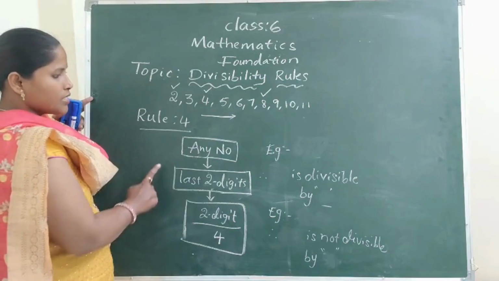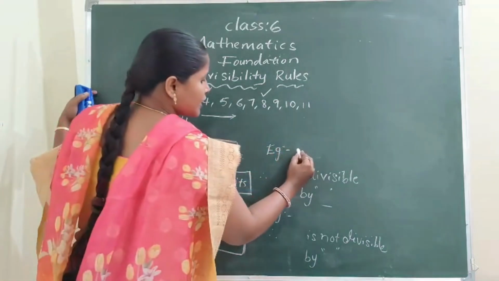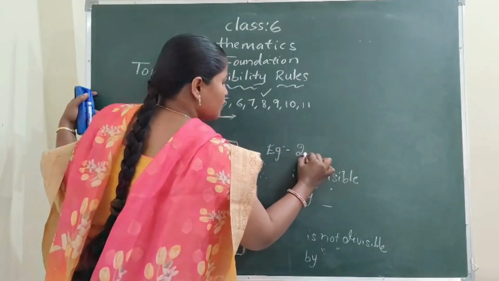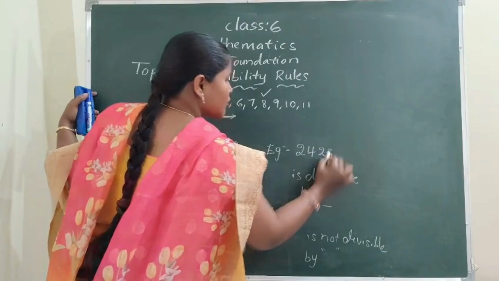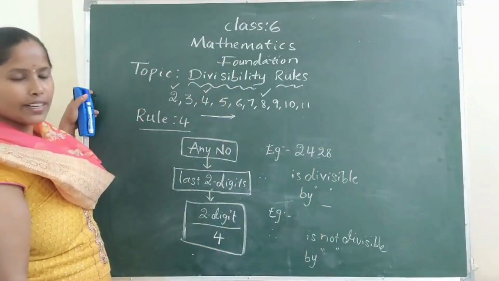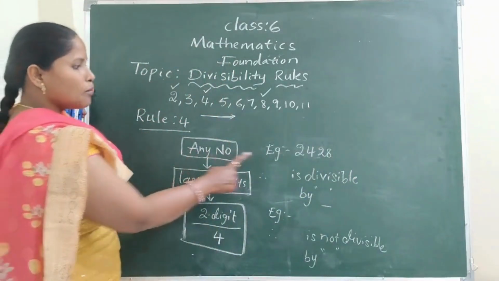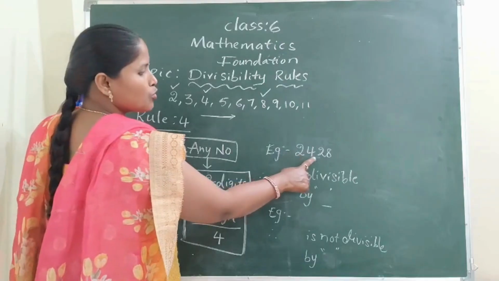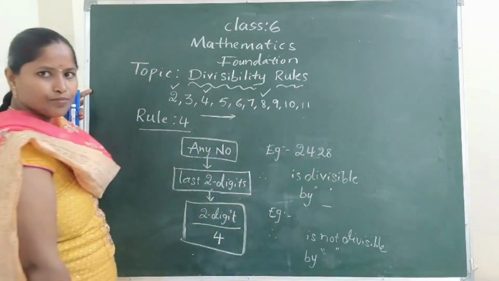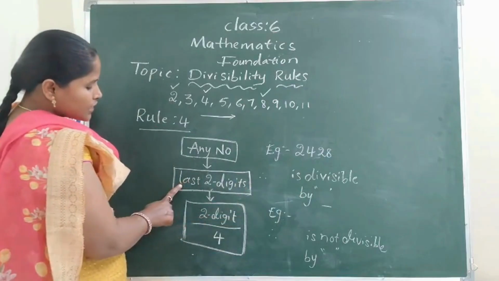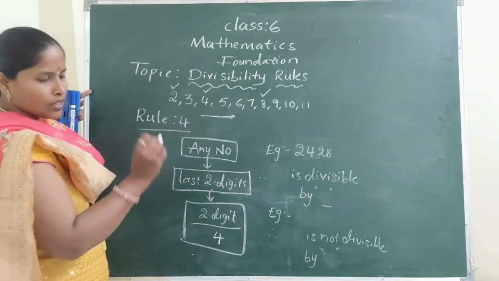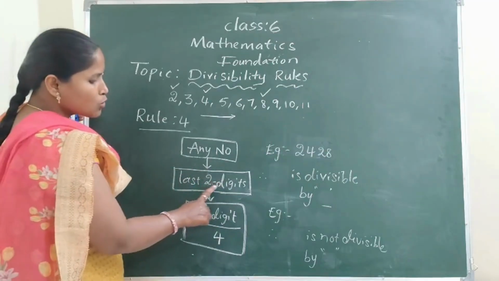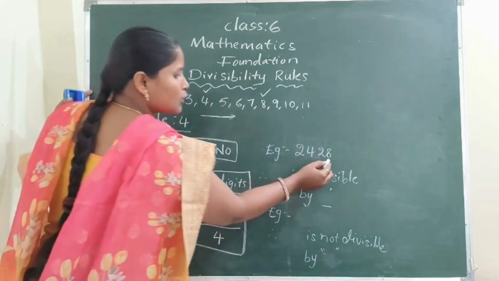Now, any number I am considering, for example 2428. Next rule: we have to focus on the last 2 digits. What are the last 2 digits in this example? 28.